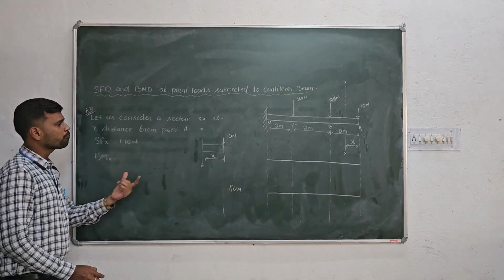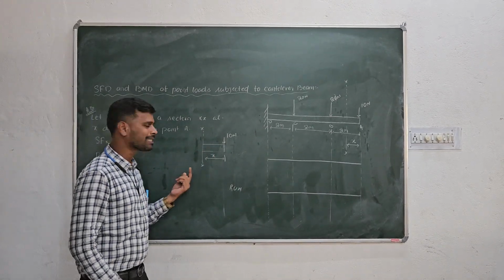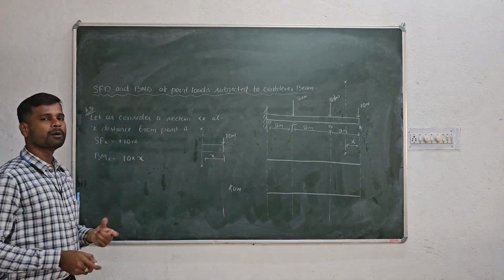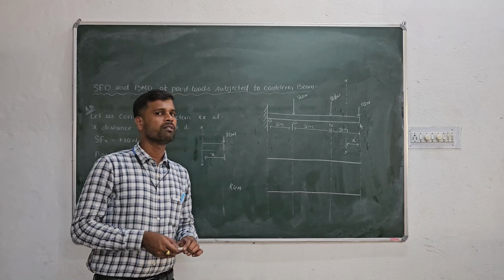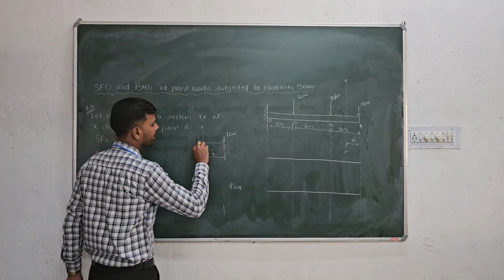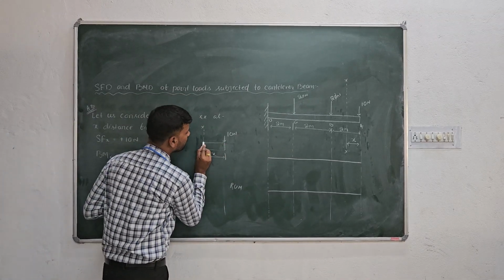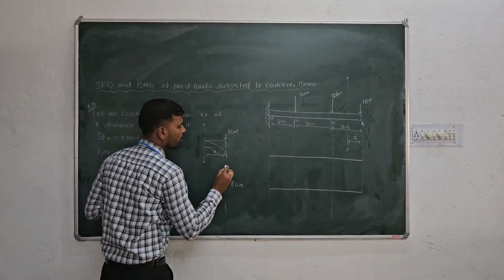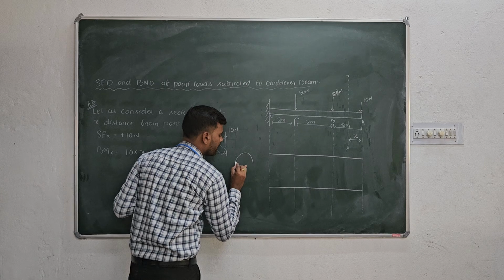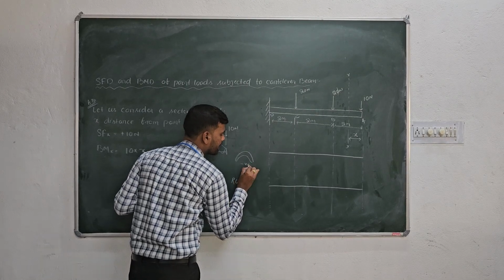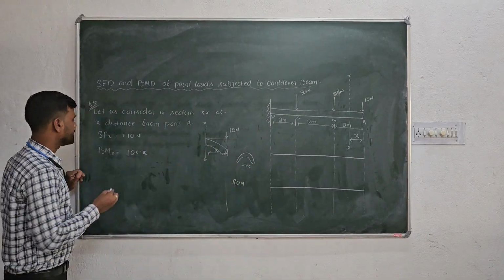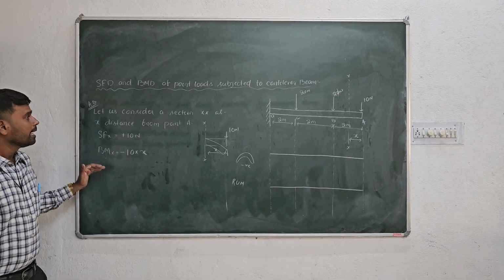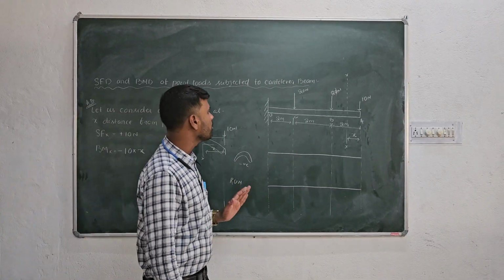Bending moment is force into perpendicular distance, so 10 into x. Again, bending moment is a vector quantity, so we need to find its direction. Because of this force, the beam will bend like this. I told you if it forms this shape, that is a negative bending moment. So definitely it will be minus 10x. Is it clear?